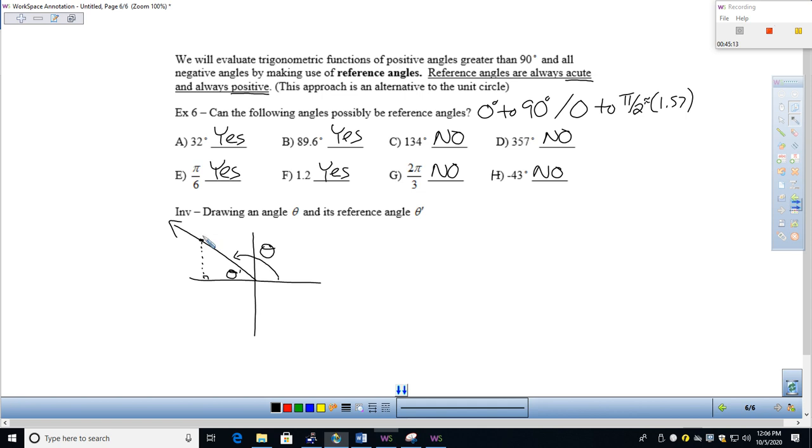Again, horizontal axis, terminal side. And so if you would, let's just draw that, and then we'll wrap this on up. So theta prime, that's our reference angle, by the way. Sorry about that. Reference angle, and it says it right here, is always between the terminal side of theta and the horizontal axis.